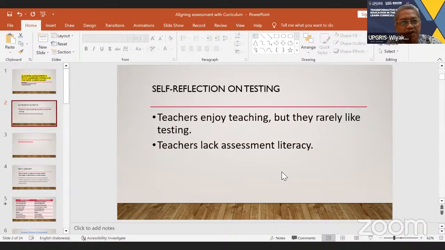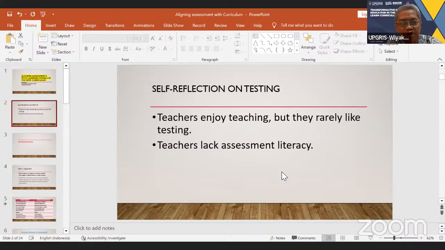A lot of research says that a good literacy in assessment will facilitate the teaching. If we do not have enough understanding and knowledge of assessment, then probably we do not know what happens outside the classroom.